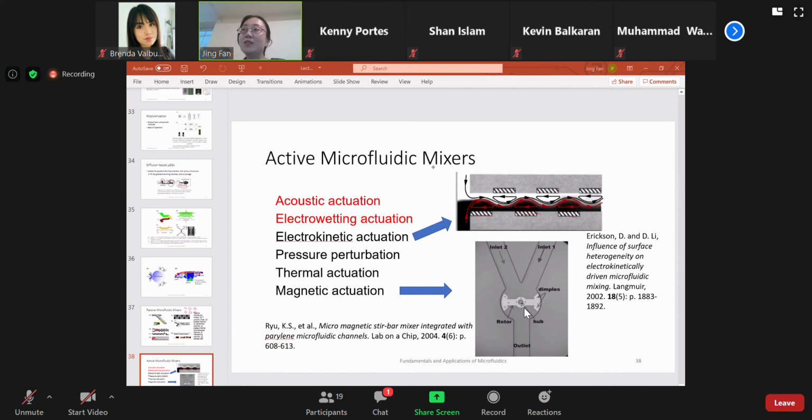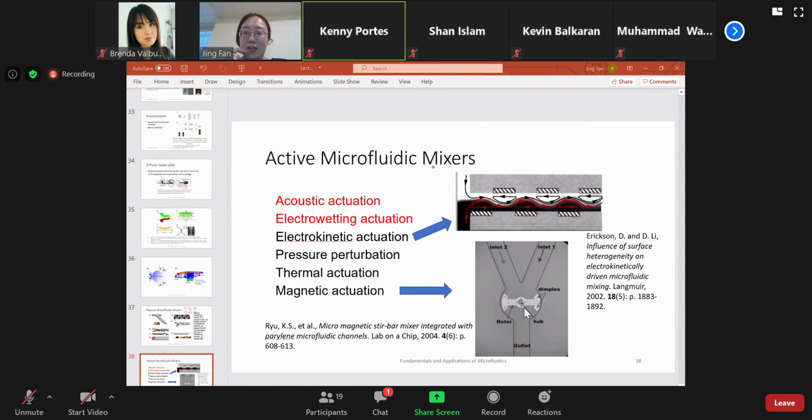The fluid properties vary with temperature, right? For example, viscosity. When you have heating or cooling in the channel at different locations, the fluid has different viscosity and different properties, so that could influence the flow behavior.